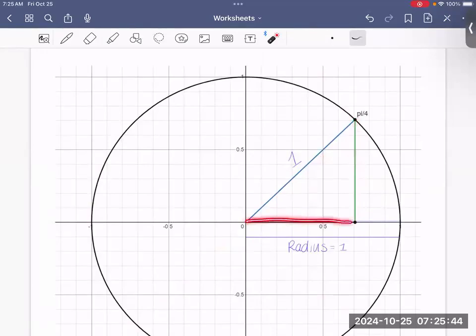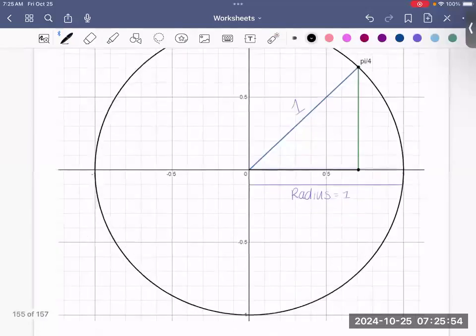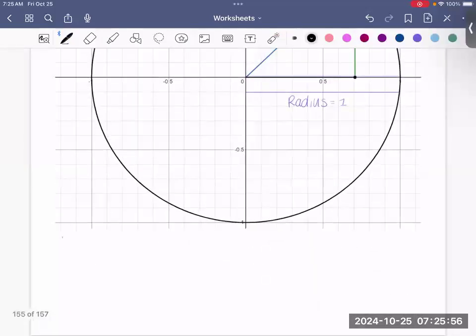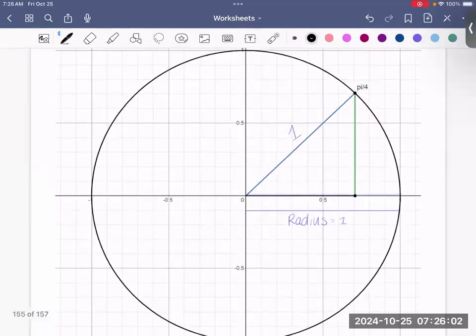So how on earth will we determine this coordinate or this value here? Well, when it comes to special right triangles, we can use the Pythagorean theorem: a squared plus b squared is equal to c squared. Because this is pi over 4, meaning a 45-degree angle.